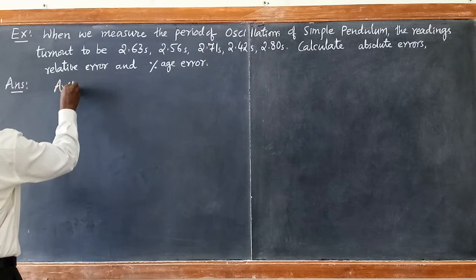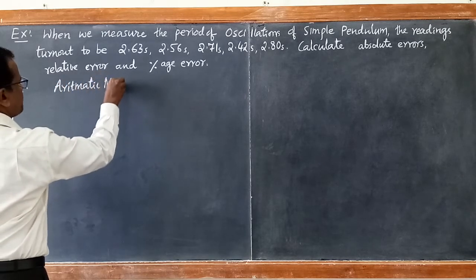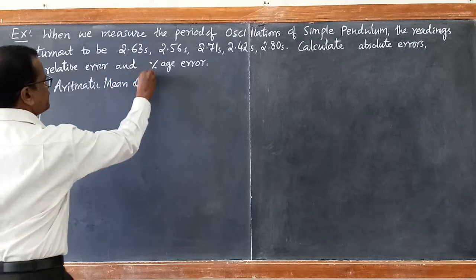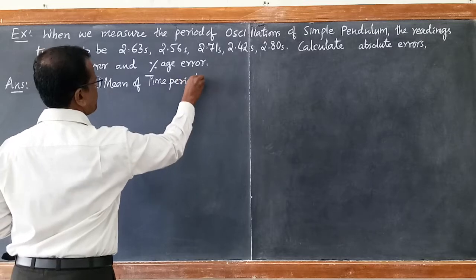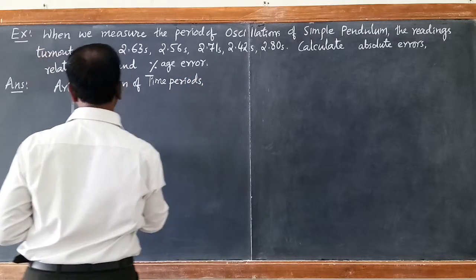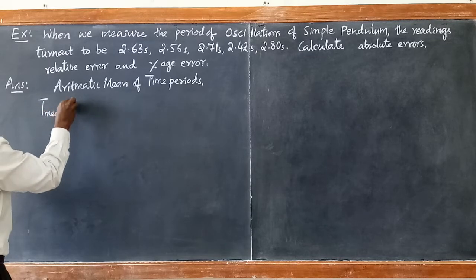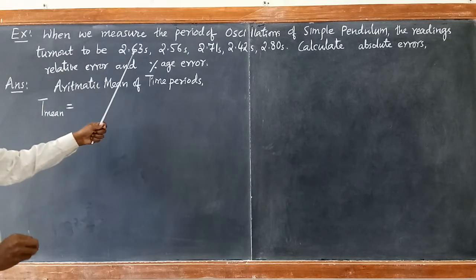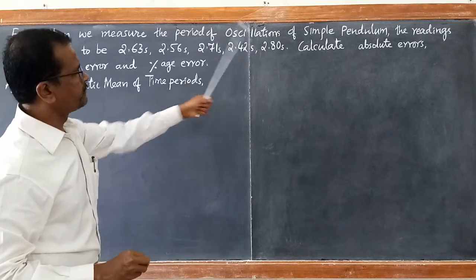Arithmetic mean of time periods. We calculate T mean. T mean is equal to, you take these as T1, T2, T3, T4, T5.